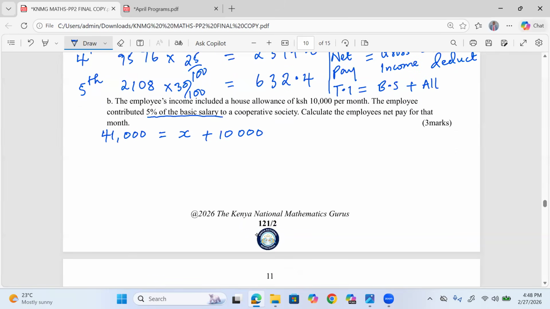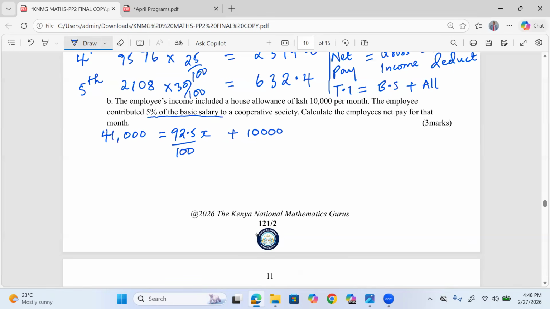So 100 minus 7.5 means that we don't have 100% of the basic salary. It is 92.5% of the basic salary.